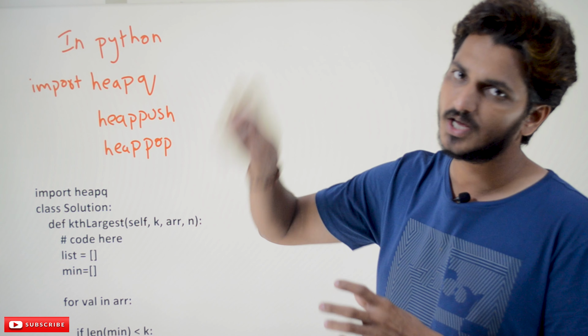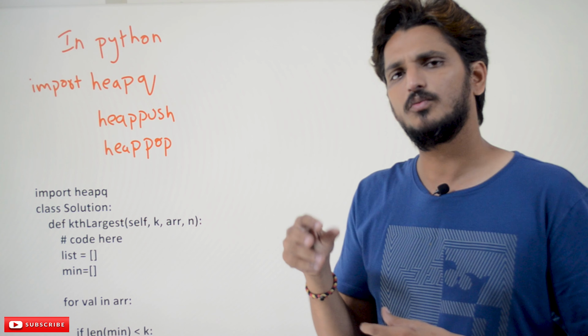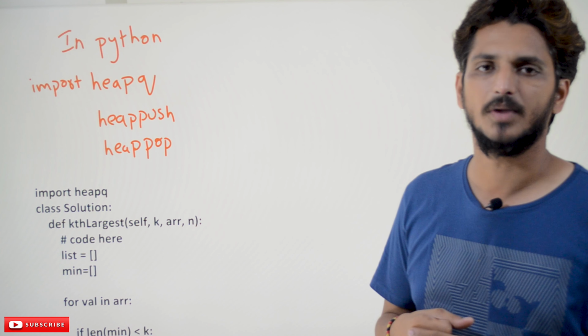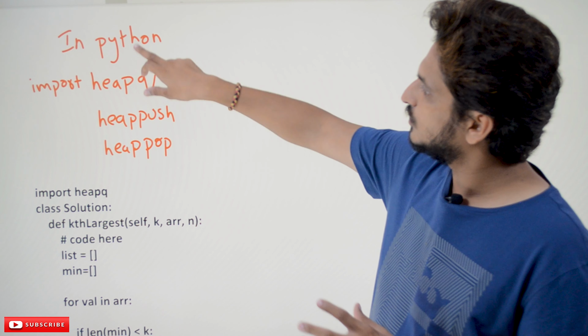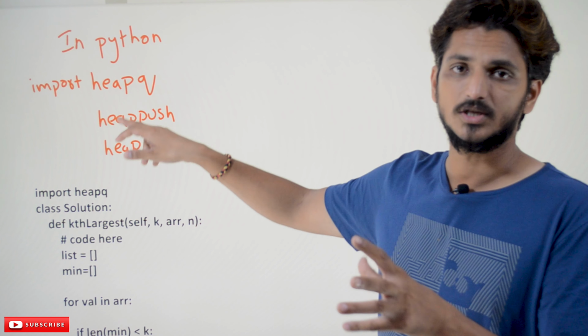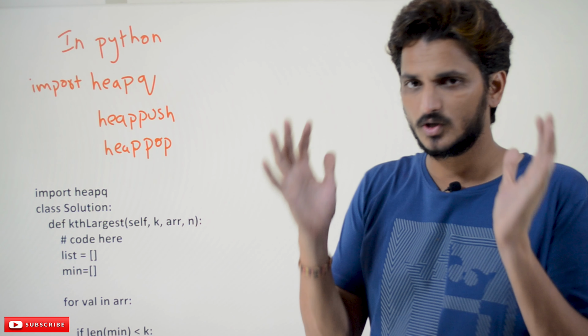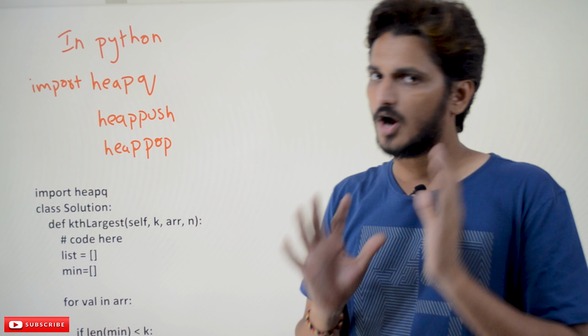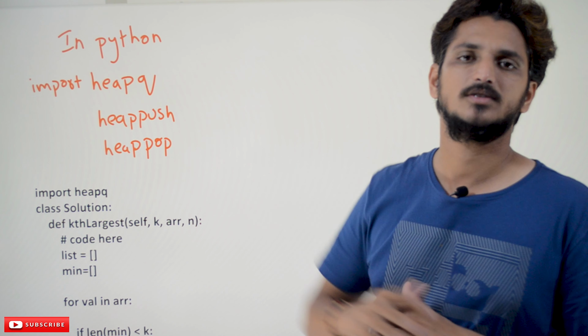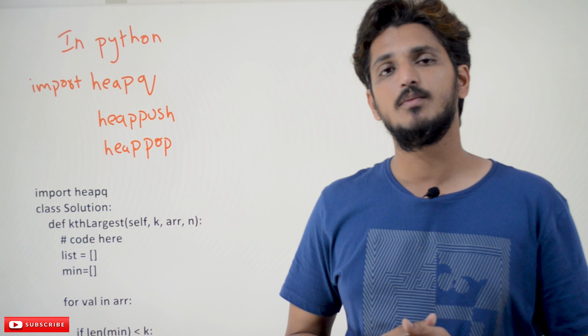Push is going to push the elements and pop is going to pop the topmost element, meaning the minimum element, from the heap. You should check the documentation of this. If you want to stay with Python, you have to be handy with this heap queue data structure that is already available in Python.